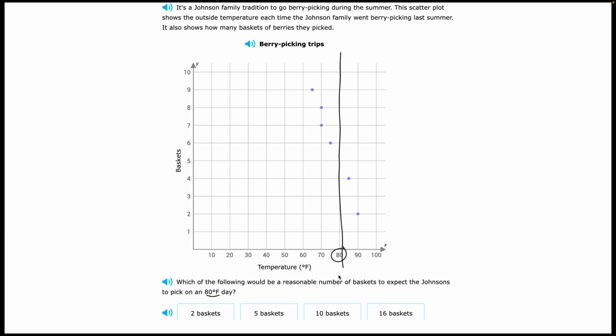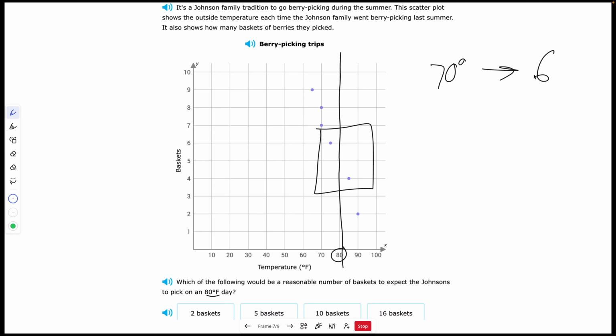But what we can do is look at the numbers around it. Let's zoom in here on just this area, because it's the two closest dots. Actually, I'm sorry, this should be 75 and 85.